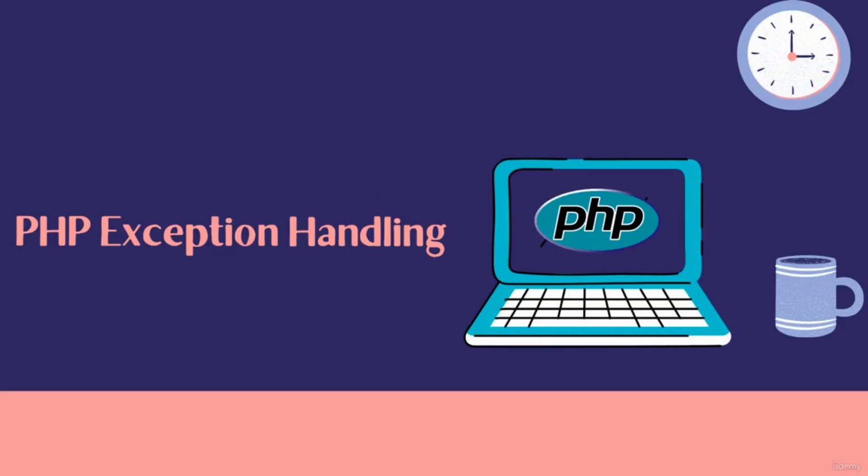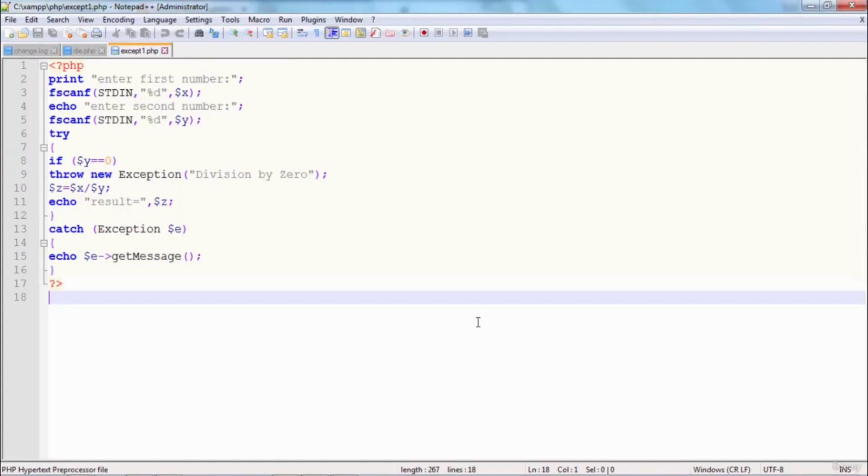In this video, we shall see the exception handling as implemented in a PHP application. Now this PHP script is used to demonstrate the functioning or mechanism of the well-known try, throw and catch mechanism, which is very popularly used in many computer programming languages to process exceptions.